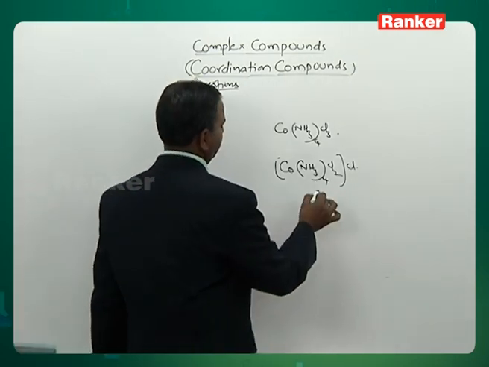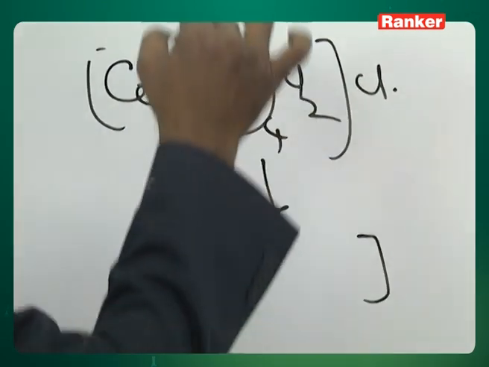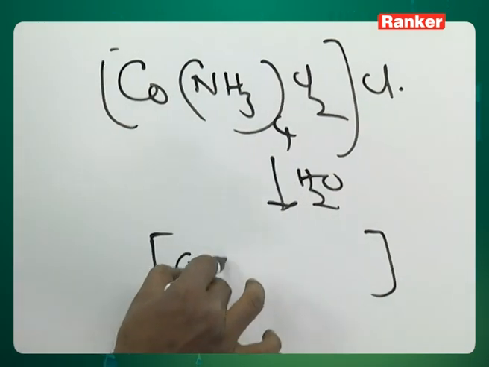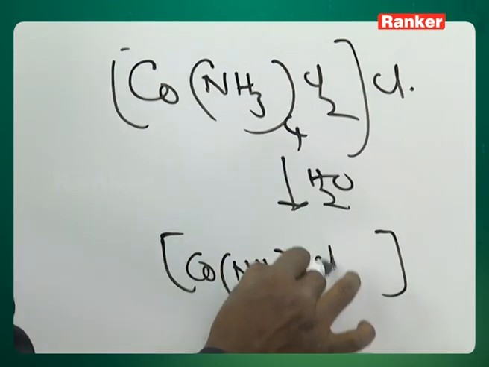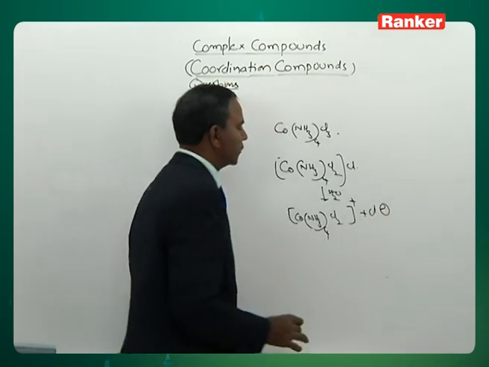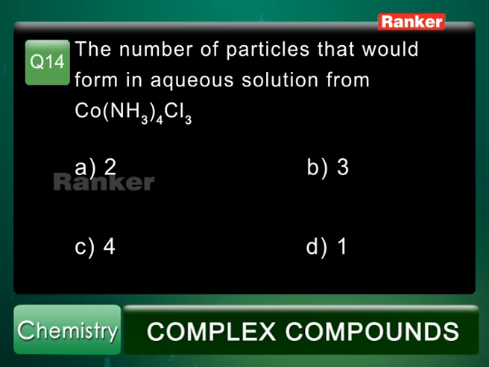How does it ionize? If you are putting it into water, then Co(NH3)4 Cl2 plus Cl minus. See, 1 particle and second particle, only 2 particles. So here answer is what? A. Answer A in this particular 14th question.